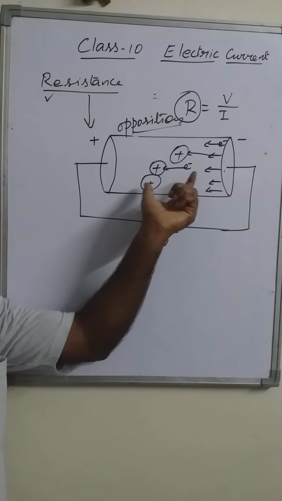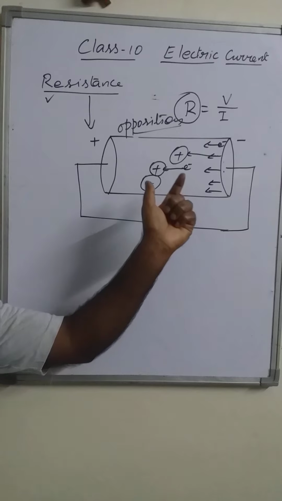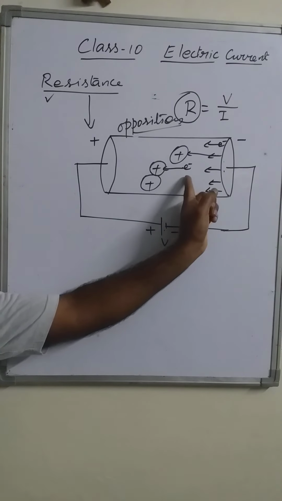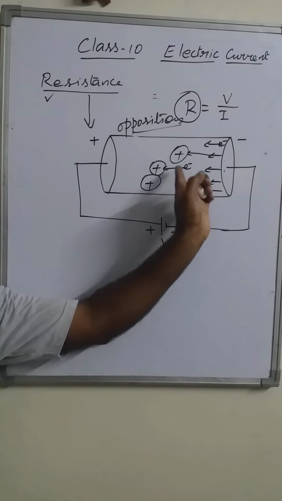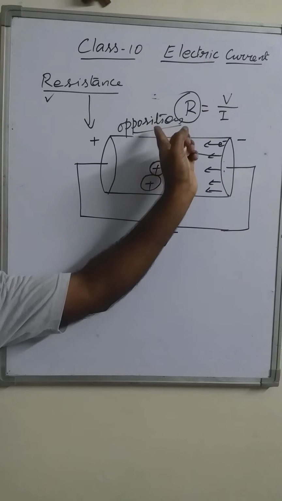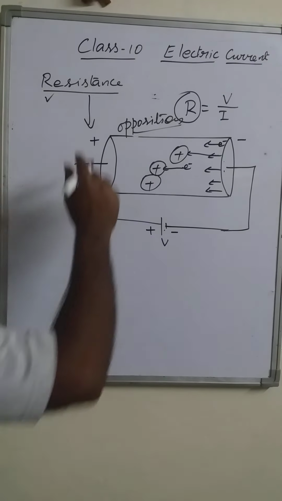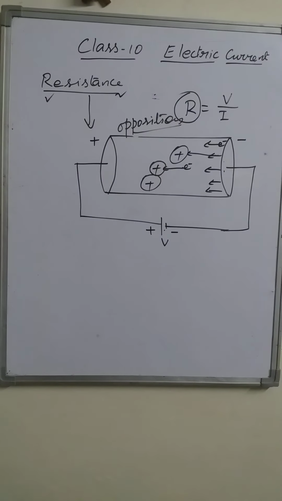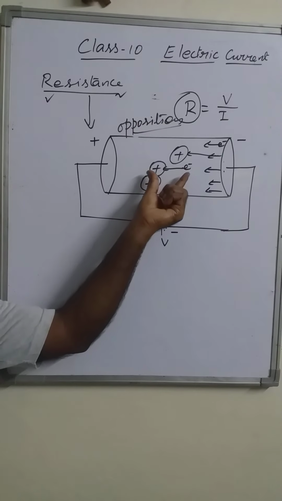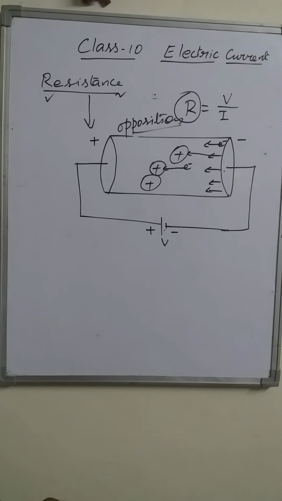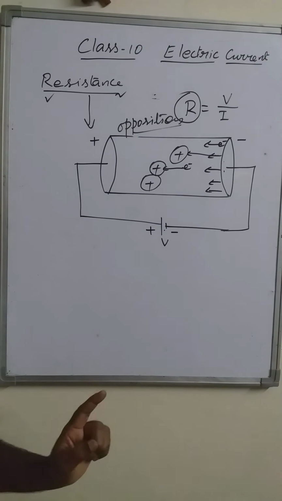So simply we can say that the cause of resistance is the loss of energy of electrons when they move inside the conductor due to collision with the positive ions, which appears in the form of opposition. That opposition is the resistance. And this kind of loss of energy for electrons, this kind of opposition, this process takes place in all conductors.